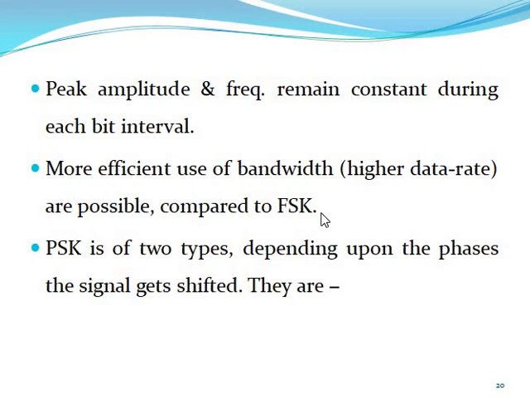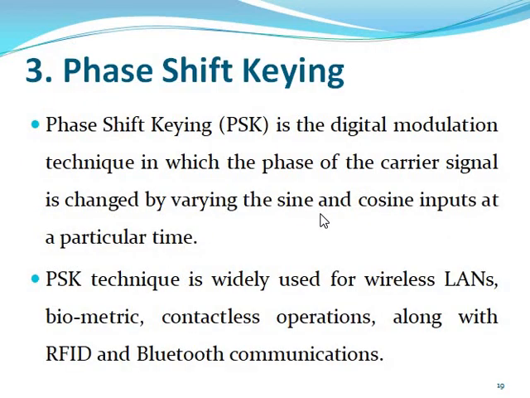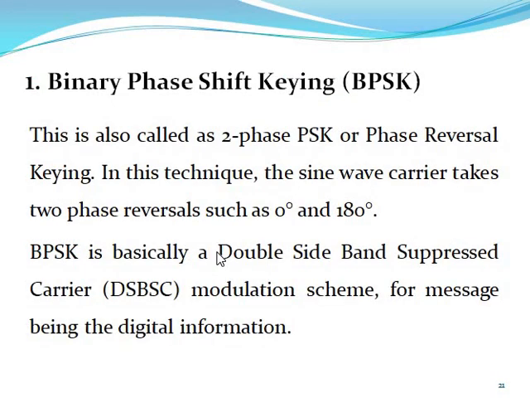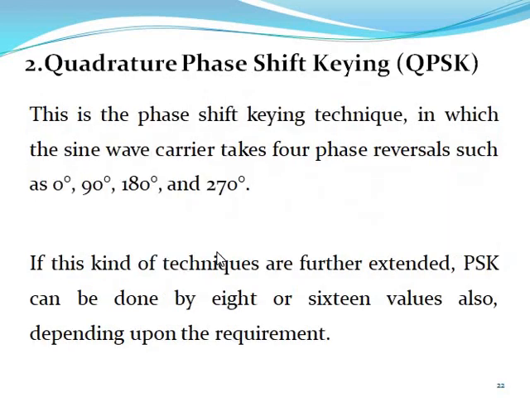It means phase shift keying has a higher data rate compared to frequency shift keying. Now phase shift keying has two types. First is binary phase shift keying and second is quadrature phase shift keying.